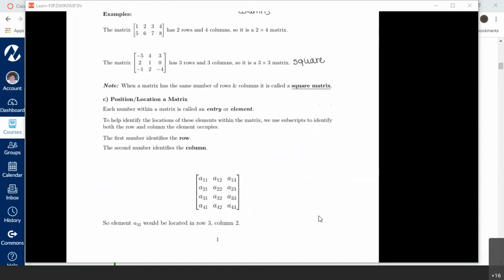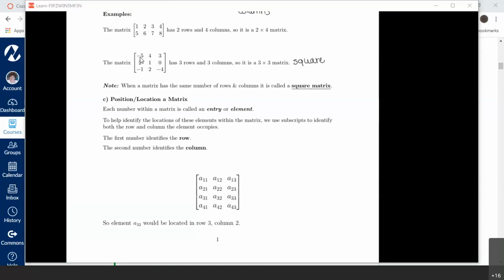Now, when you walk through a matrix, you've got elements. For example, here in this matrix, each one of these numbers, -5, 4, 3, is called an element of your matrix, and each has a certain position in the matrix. This is important if you're doing any matrix operations by hand, or if you're writing software to do matrix operations.